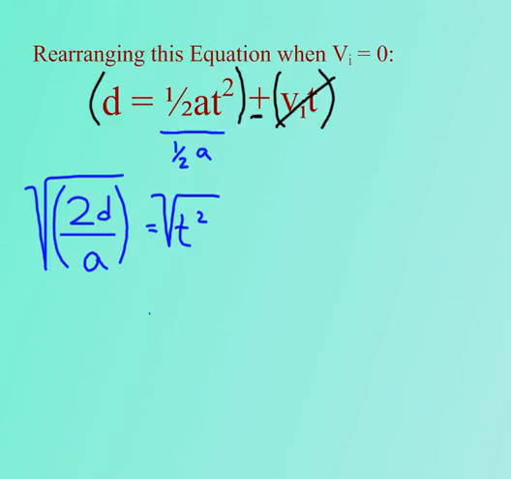Because the square root of t squared is just t, the square root of 2 times the distance over the acceleration, making sure to do everything in the parentheses before square rooting, would find you t. Now be careful, remember we started out with VI as 0. This equation will only work if the original speed of the object is in fact 0.